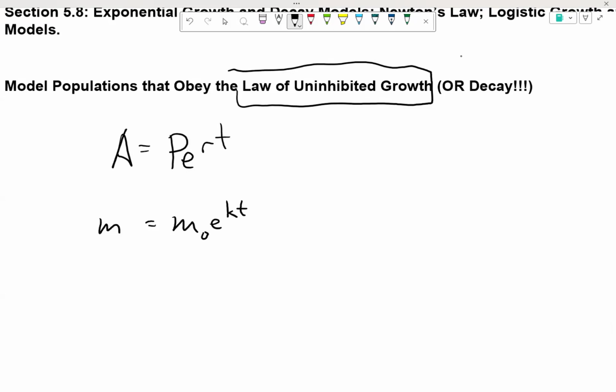Yeah, radioactive decay would follow this. Population would follow this same kind of model. And what is r? What is k? That's the growth rate or the rate of decay. k is also the same as r. It's just two different variables. So these are both growth slash decay rates.